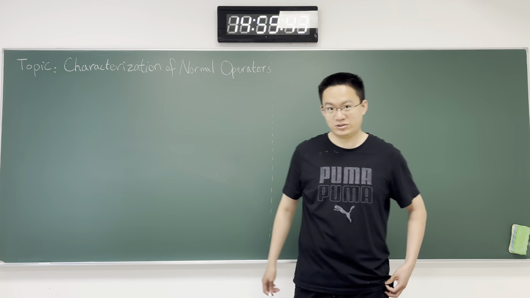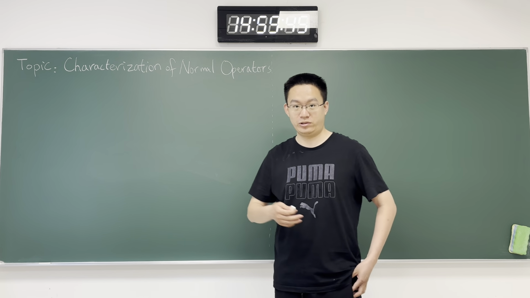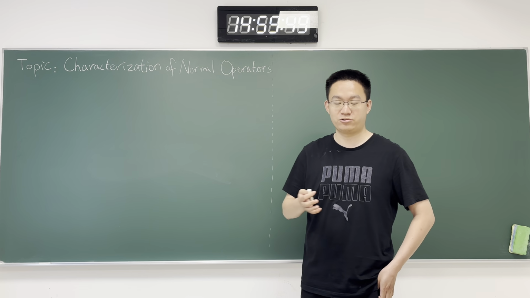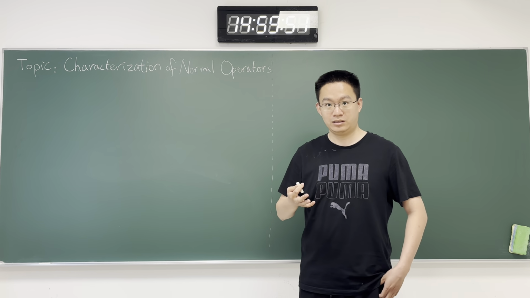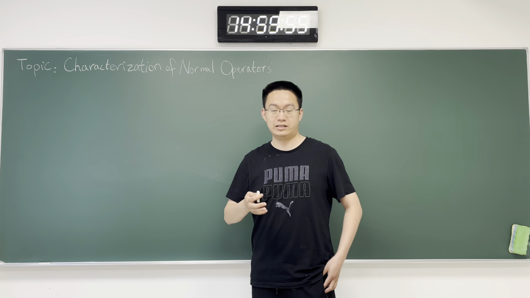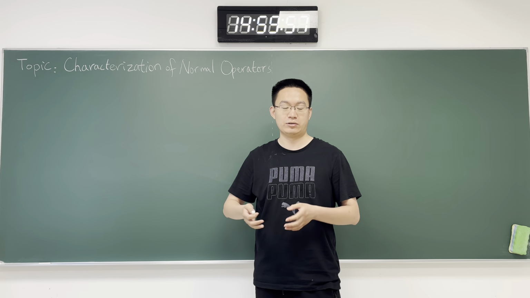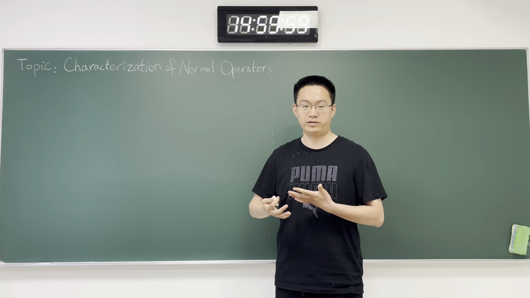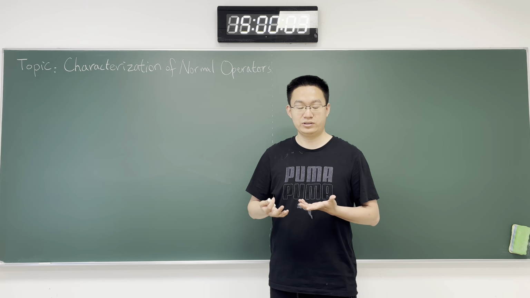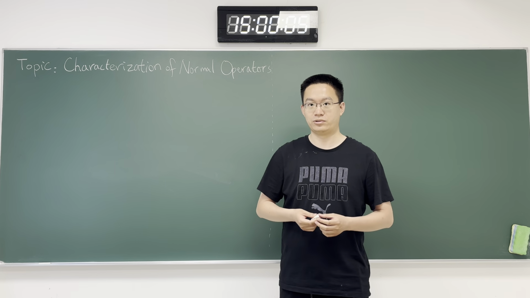Hi everyone. So today we will be continuing talking about some basic properties of linear transformations on inner product spaces. In the past 2 weeks, we have been learning the properties of self-adjoint linear transformations and unitary linear transformations on inner product spaces.